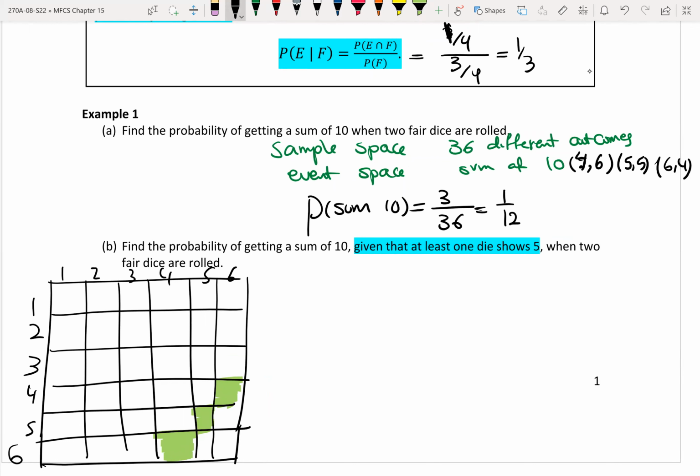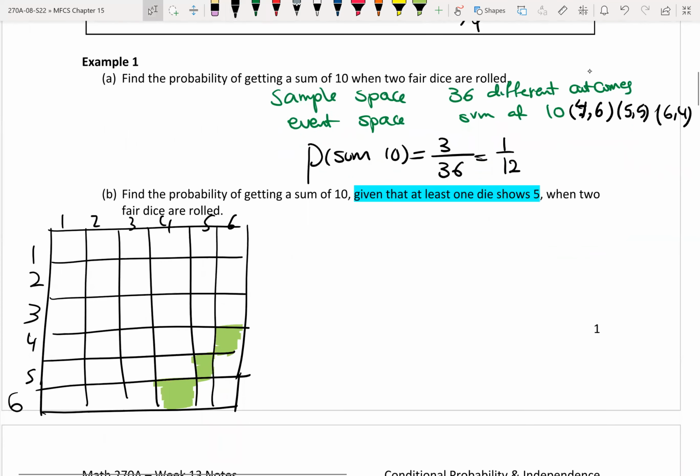So now find the probability of getting the sum 10 given at least one of the dice is 5. Probability of sum of 10 given at least one 5.